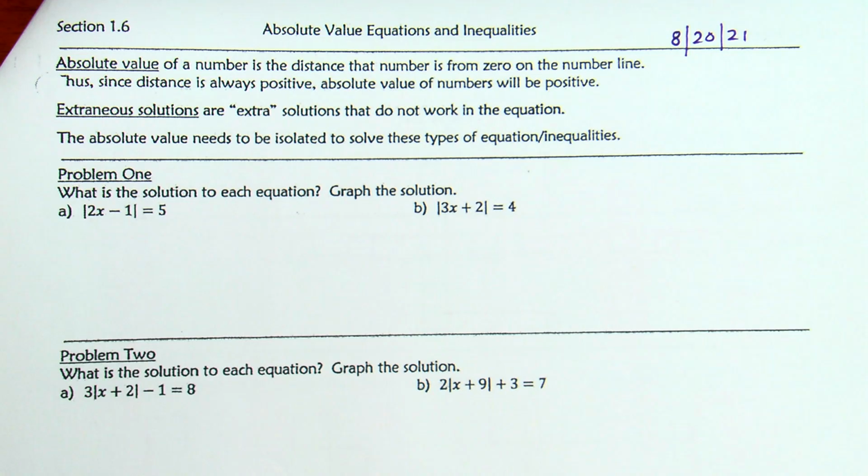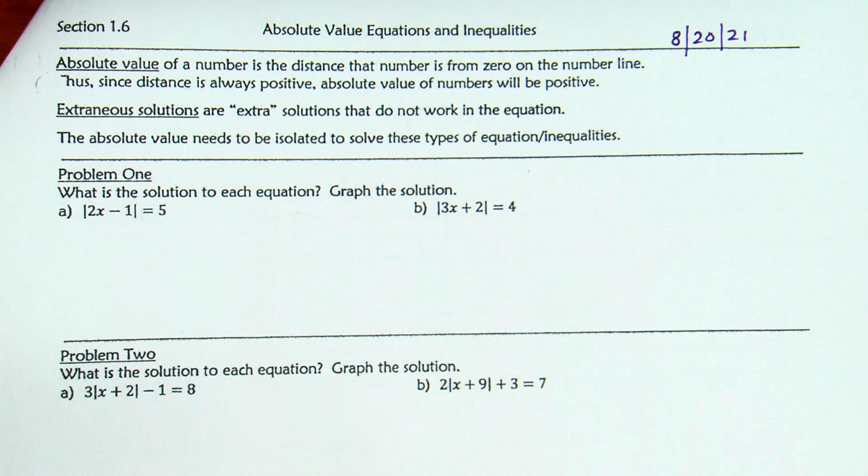Now, what do you know about a distance? Distance must be positive, yes? Do you talk about it being a 5-mile drive home or a negative 5-mile drive home? It's a 5-mile drive home, right? Or you're walking 500 feet, you don't talk about negative distance. Distances can't be negative.